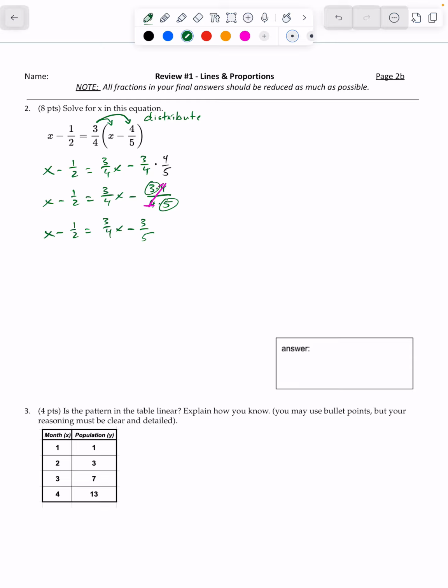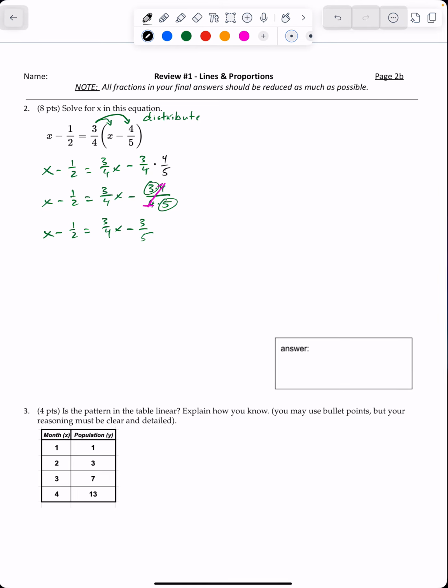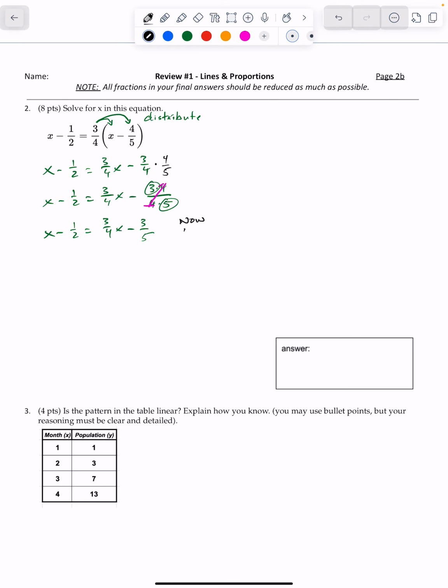All right, now I want to combine like terms. So I am going to add a half, and I'm going to subtract 3/4 x and subtract 3/4 x.